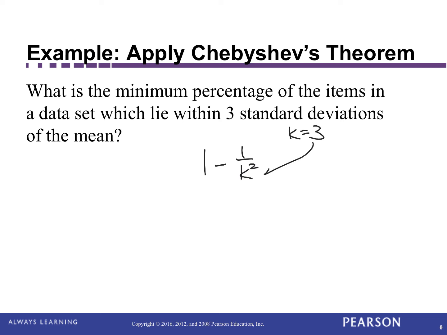So plugging 3 in for K, that'll be 1 minus 1/9, which is 9/9 minus 1/9, which is 8/9, about 0.89 or 89%. So what that means is 89% of the data would, at a minimum, lie within 3 standard deviations of any set.